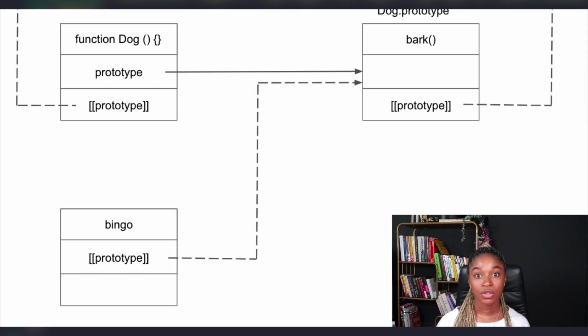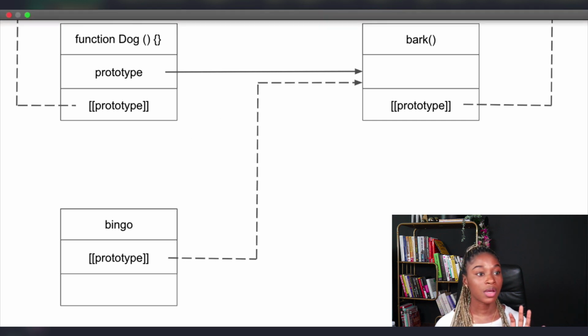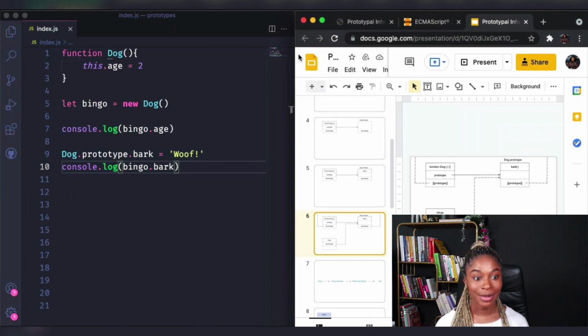To find out what the prototype of an object is, we can use the getPrototypeOf method, and this is the method that is defined on Object, and we're going to see what Object.prototype is in a minute.